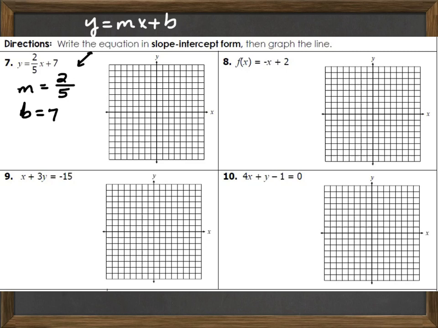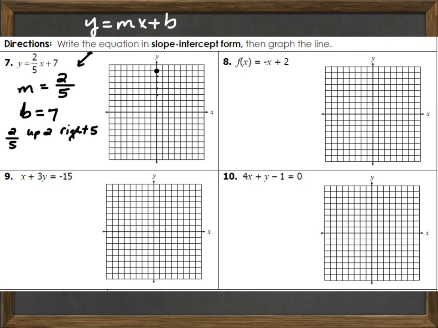So 1, 2, 3, 4, 5, 6, 7. Put a dot there. Then we can count up 2 and over 5, or we can count down 2. So 2/5 would be up 2 and right 5, if we were counting our slope.